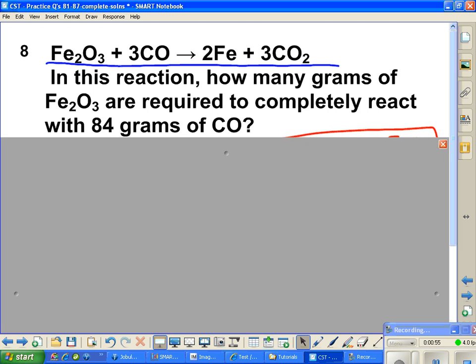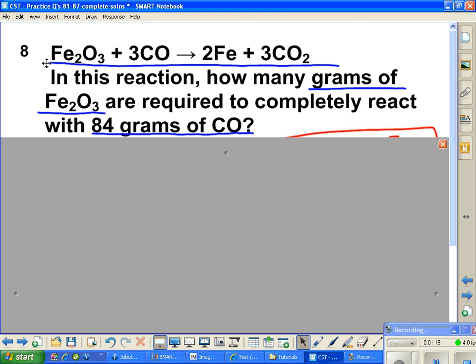This reaction, how many grams? Okay, find is the grams of Fe2O3, and the given is grams, and here's your find. Grams of Fe2O3. Your given is right here in grams of carbon monoxide.